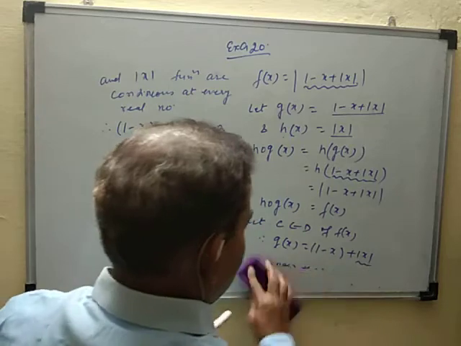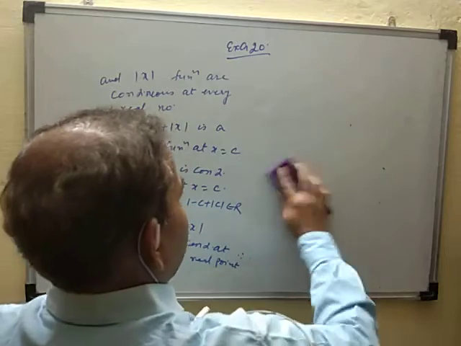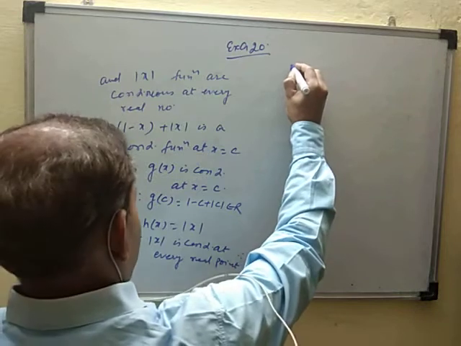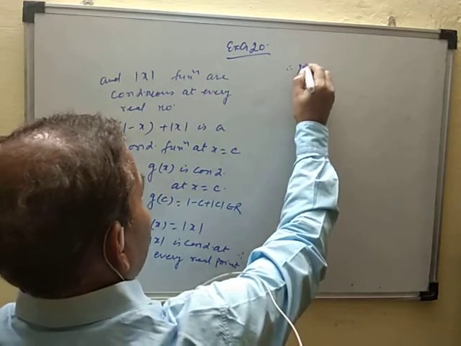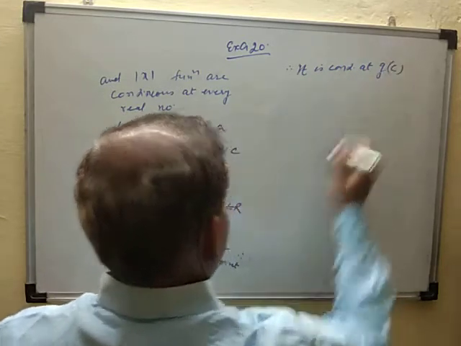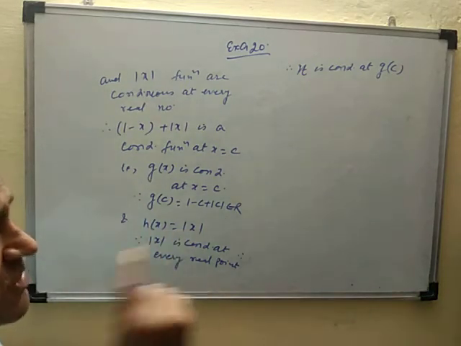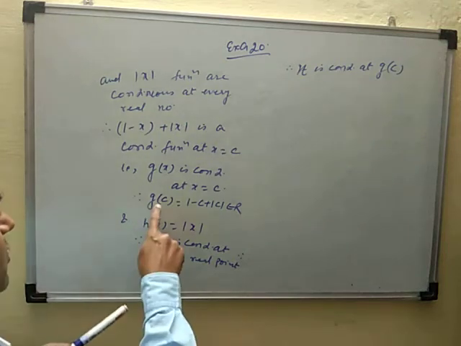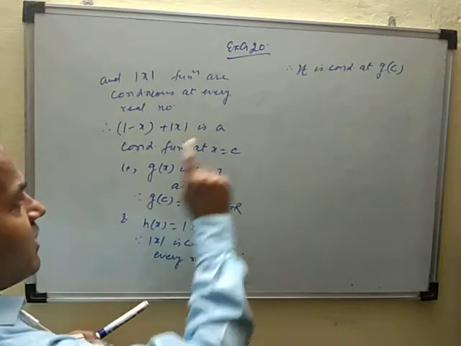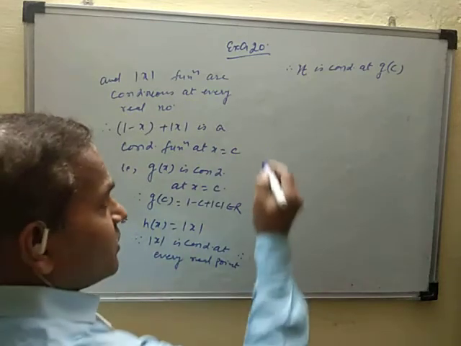So g of x is continuous at every real number, and h of x is continuous at g of c.